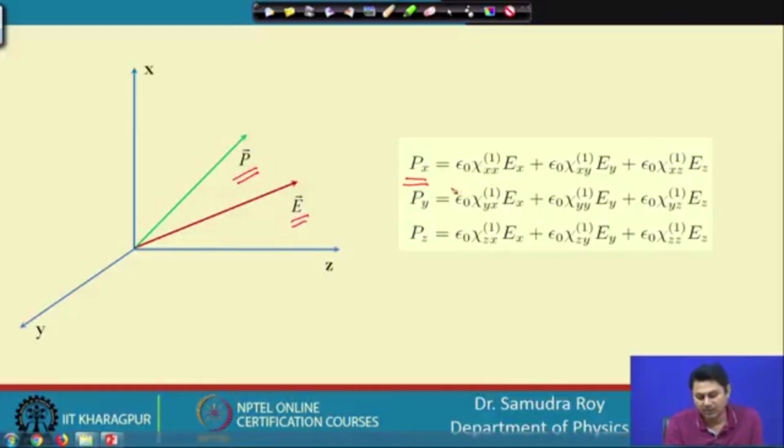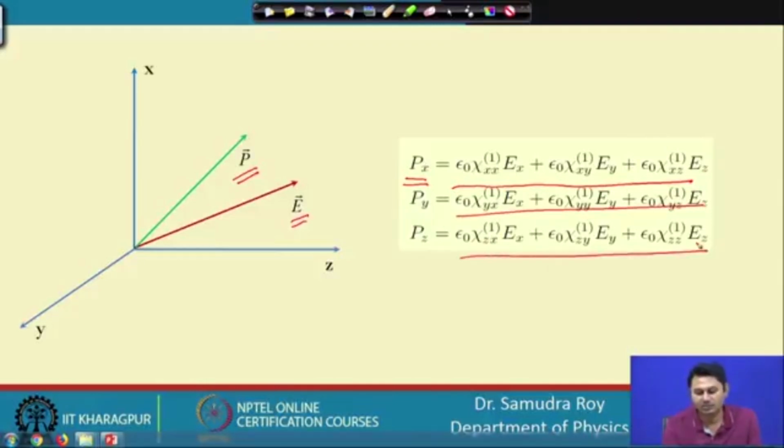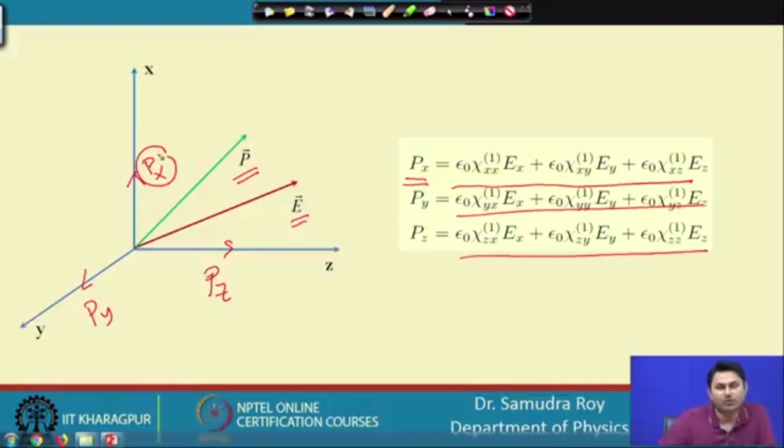So, that is why the equation is written in this particular form. This is true for z. So, if I divide this into x, y and z, the x component is not related only to the x component of E, rather x, y, z components are there to form the x component of the polarization vector P.